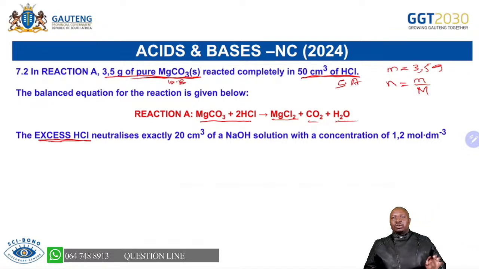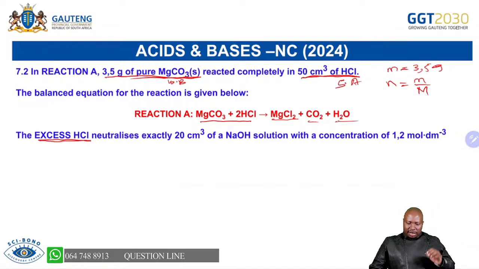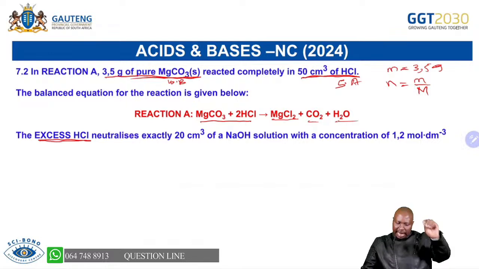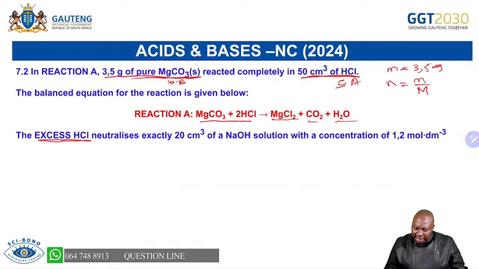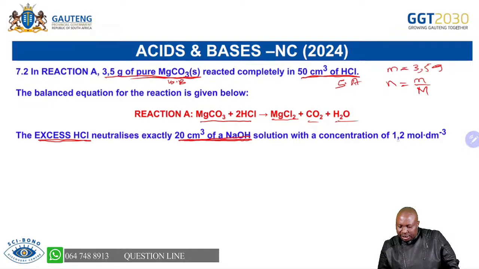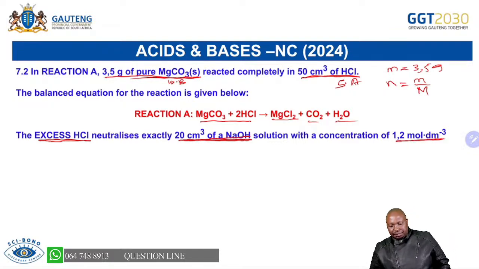Remember, in our first page calculation, we did the same. Even here, they're saying we have HCl in excess. And that HCl will neutralize 20 cubic centimeter of sodium hydroxide solution. And that has a concentration of 1.2 moles per cubic decimeter.